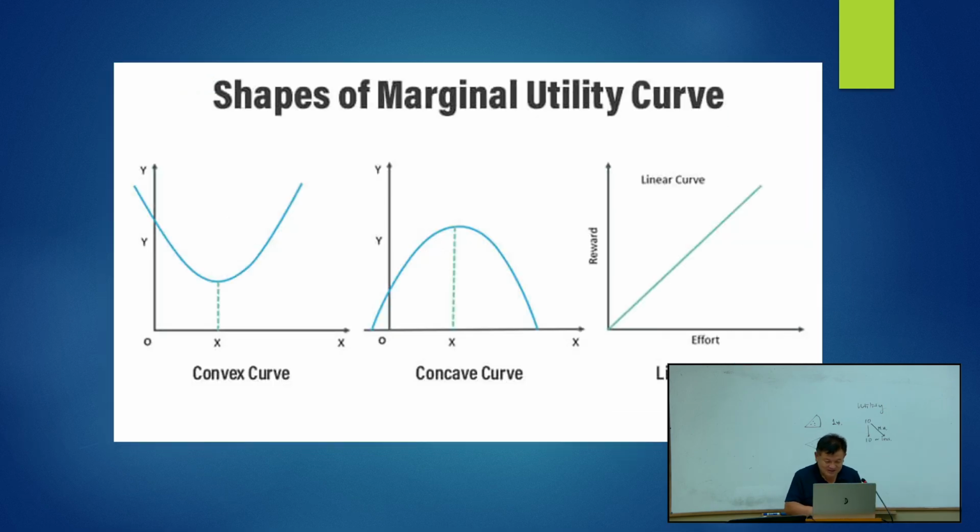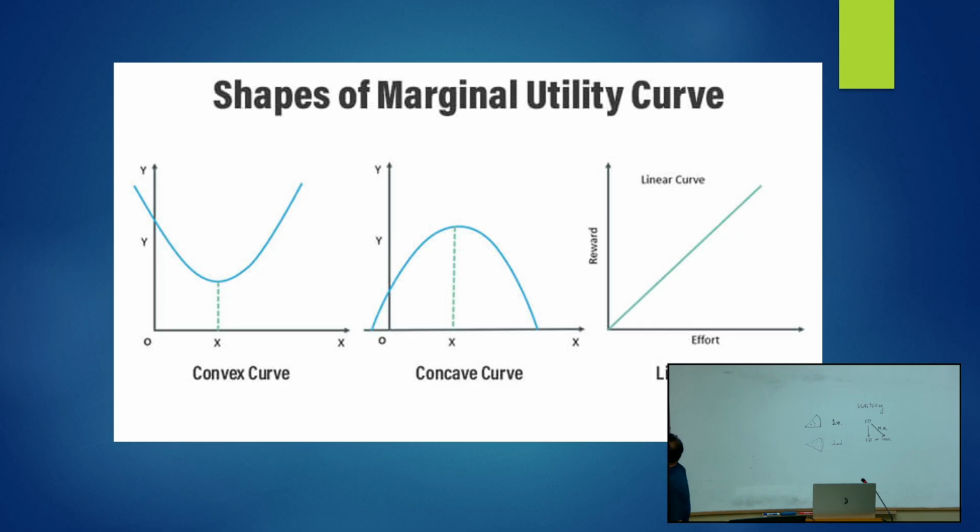Anyway, this is the shape of the marginal utility curve. There are three kinds. A little bit of shape is different, but anyway they belong to three kinds. One is convex, this type of convex curve. And concave means the opposite; this is a minus function and this is a plus function.